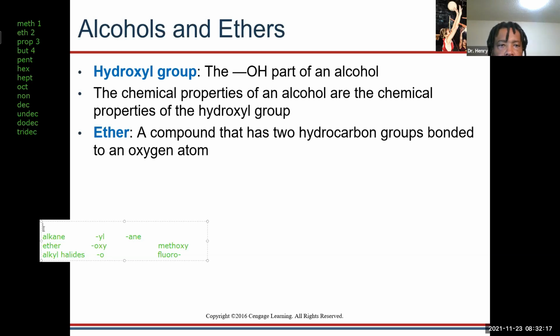Okay, let's see. So our next one would be alkynes, which is a triple bond. So this would be yl if it's a side chain, or yne.